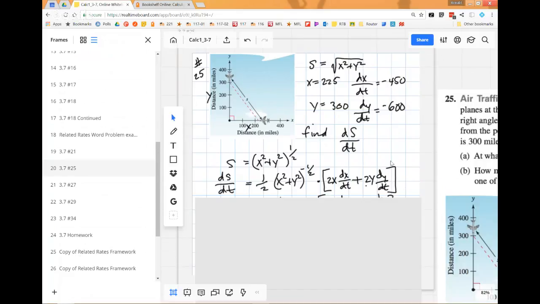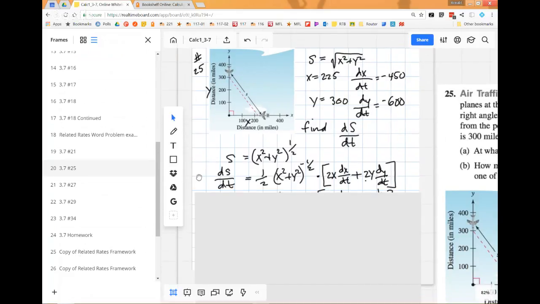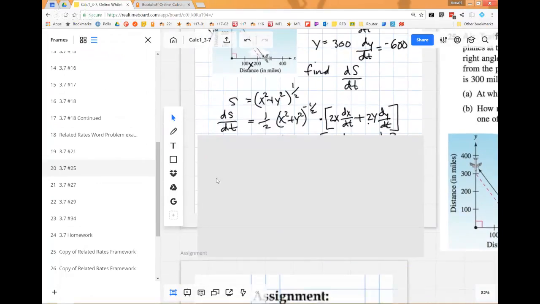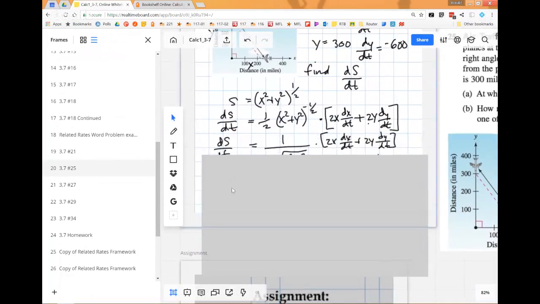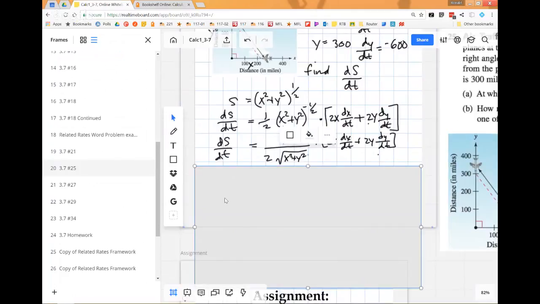And all of that is being multiplied. Okay. So then just some algebraic simplification. Again, we've got our 1/2. We just left that be. And we put this under a square root sign on the bottom because it's to the negative 1/2 power. All right, that's all I did in that step.